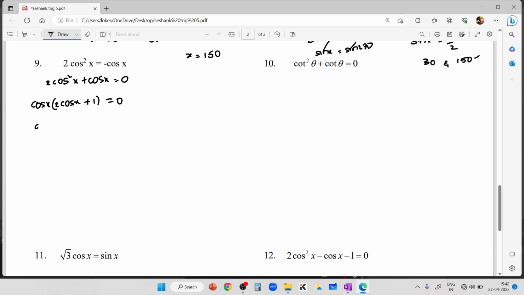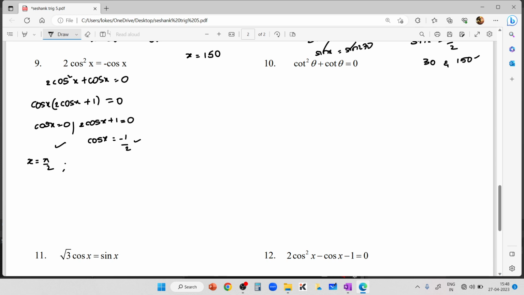That means either cos x is equal to 0, or 2 cos x plus 1 is equal to 0. That means cos x is equal to minus 1 by 2. So cos x is either 0 or minus 1 by 2. That means x is equal to 90, and cos x is 1 by 2 at cos 60.